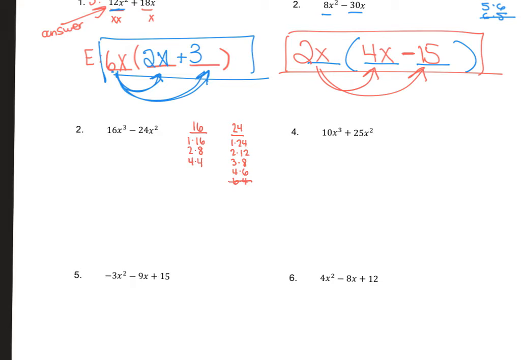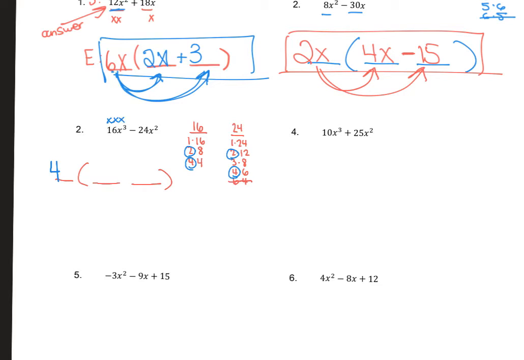I have a binomial, so I'm going to end with a binomial. What number do I see there? I see 2s. I see 4s. So 4 is where it's at. So I'm going to have a 4 here.